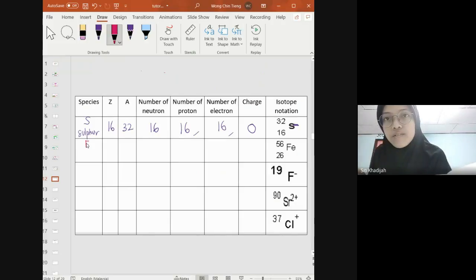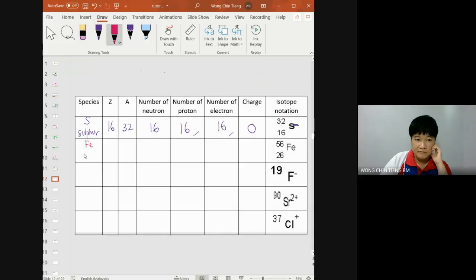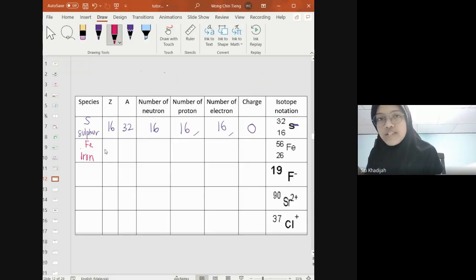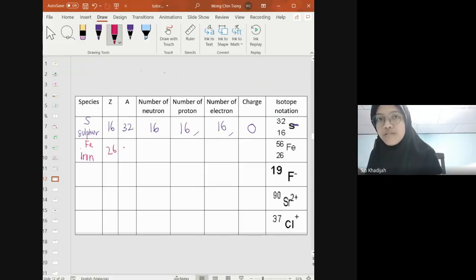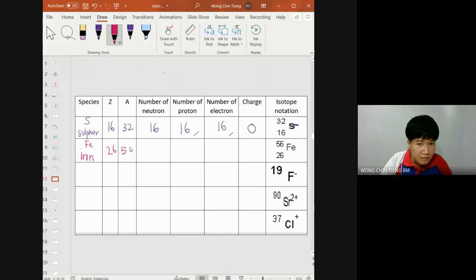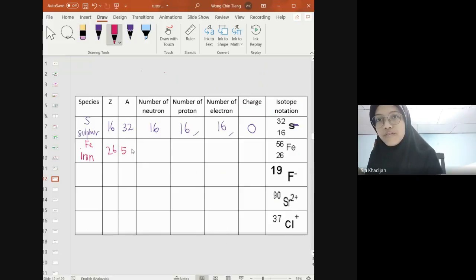And next, Khadijah, Fe. Name Ferrum. In English, iron. Z, 26. 54. Kenapa 54?